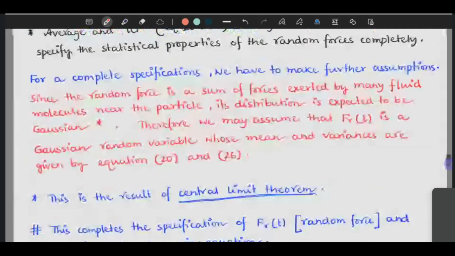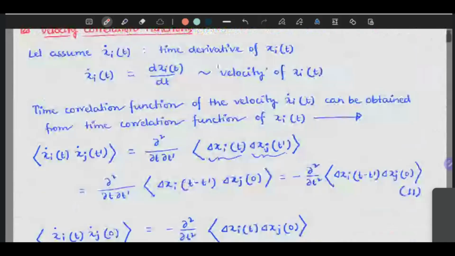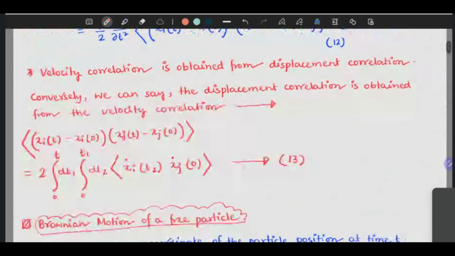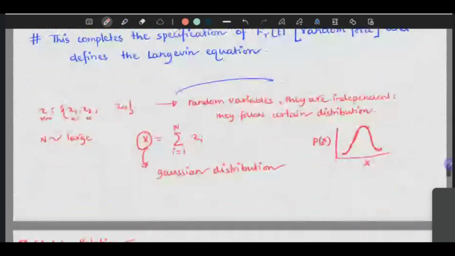So you can see here also the same thing, right? If you replace j by i, this will be the same thing, x_i(t) minus x_i(0), then it's squared. This will be 2 times the velocity of t2, and velocity of j, since we are replacing j by i, so this will be v(t2) and v(0).